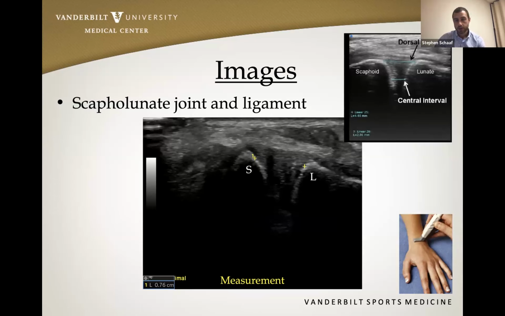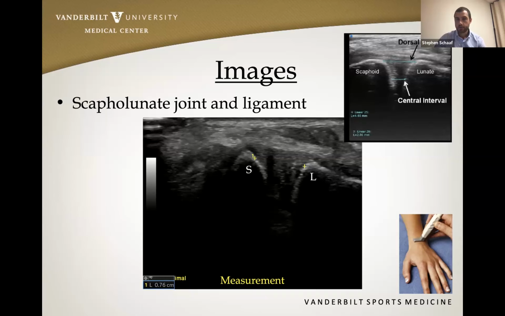And so for this patient, the measurement was 7.6 millimeters. When you're looking at standard reference values for ultrasound evaluation of the scapholunate joint, usually within normal limits is going to be about 4 to 5 millimeters statically.